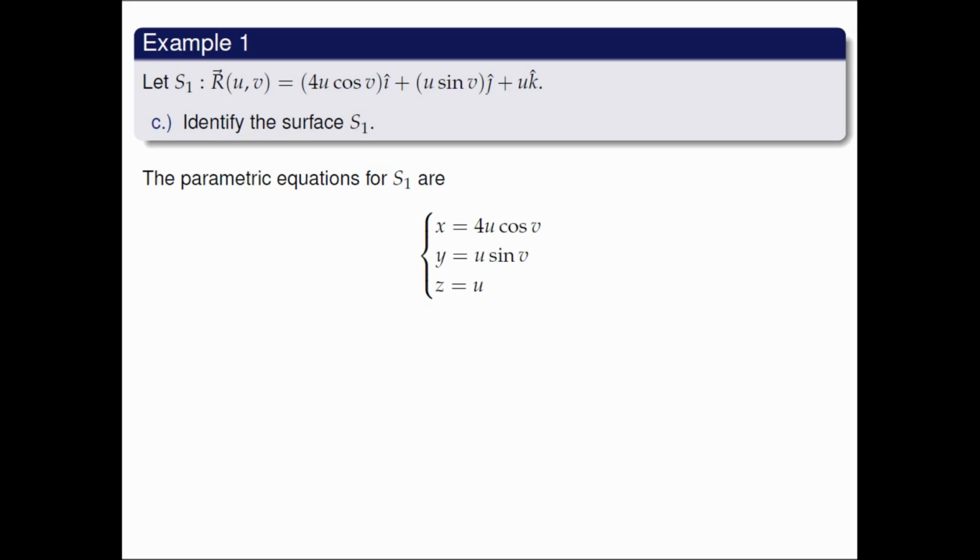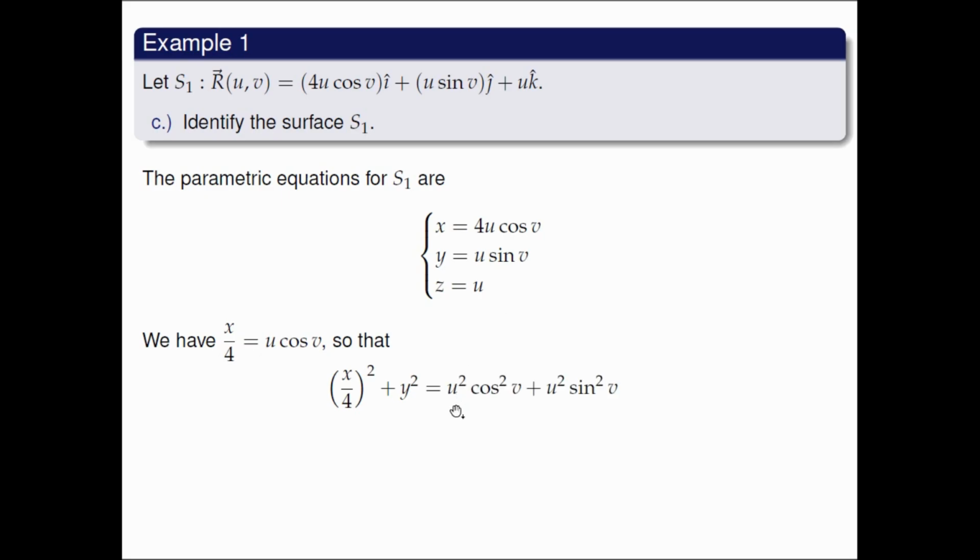From the first equation, we have x over 4 is u cosine v. Gawin natin, kunin natin yung x over 4 squared plus y squared. So that this expression is square lang nito plus square nito.